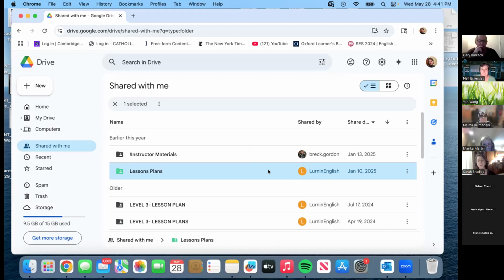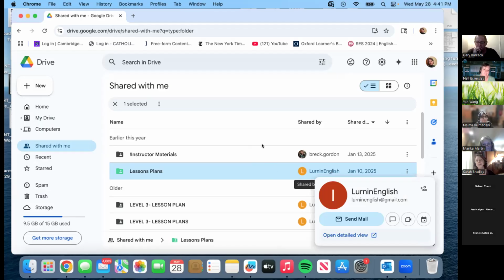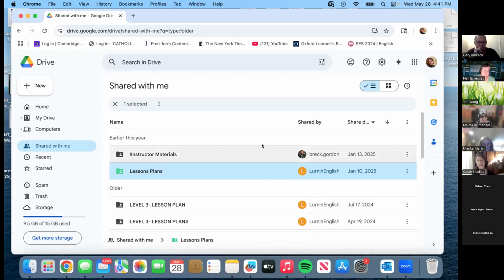Whereas the ones for my DYCD lesson plans, I set that up, but I also share it with the same organization, Learn in English. So it's still shared, but I set it up. So either they set it up or you set it up, and then it would categorize as shared with me in both cases.